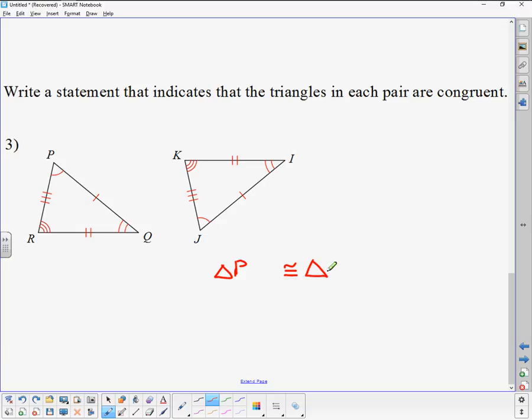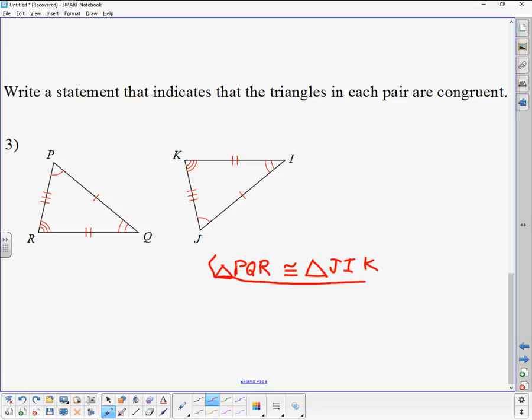That's J, so P corresponds to J. Now I'm going to use the two tick marks. Angle Q. Q corresponds to who has two tick marks over here. Angle I has two tick marks. And then three tick marks will be R on the left side. Three tick marks on the right hand side will be K. And that is a congruency statement.